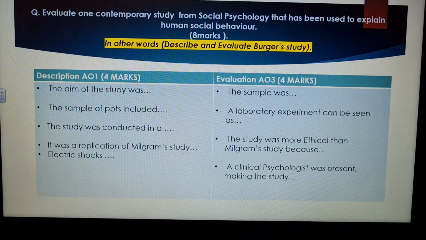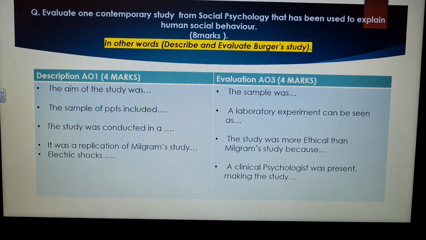So you do need to include also from different backgrounds, from different cultures. So we had Black Afro-American people, we had white people in the sample, and also Caucasian people. So this kind of information is really important, and you will get your AO1 descriptive marks by giving information such as this.